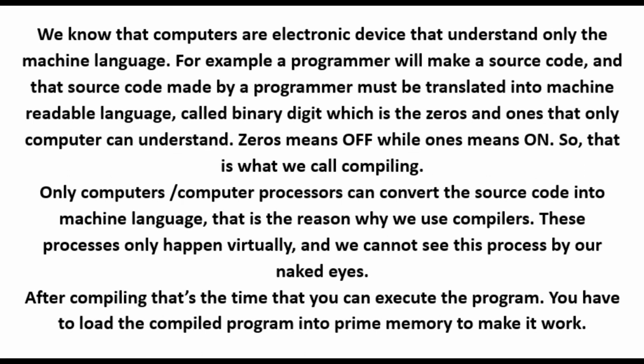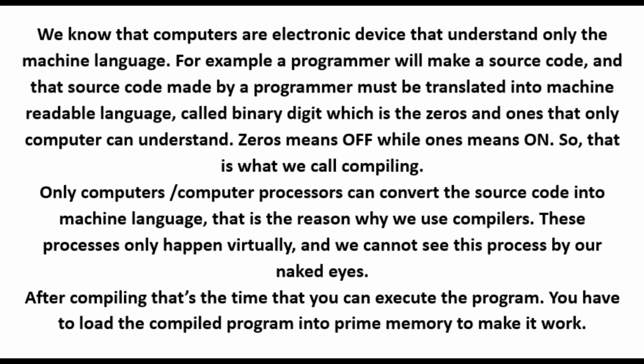We know that computers are electronic devices that understand only machine language. For example, a programmer will make a source code, and that source code must be translated into machine-readable language called binary digits, which are the zeros and ones that only a computer can understand. Zero means off, while one means on.